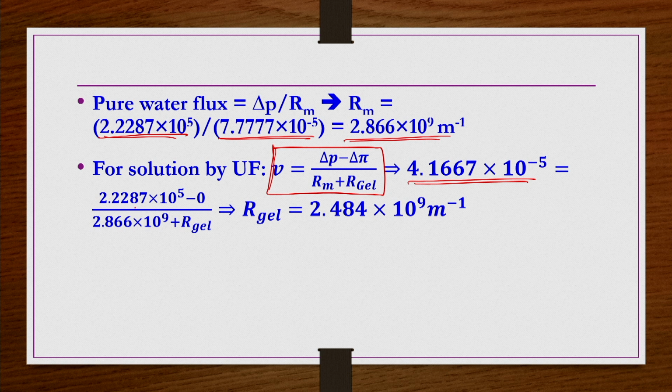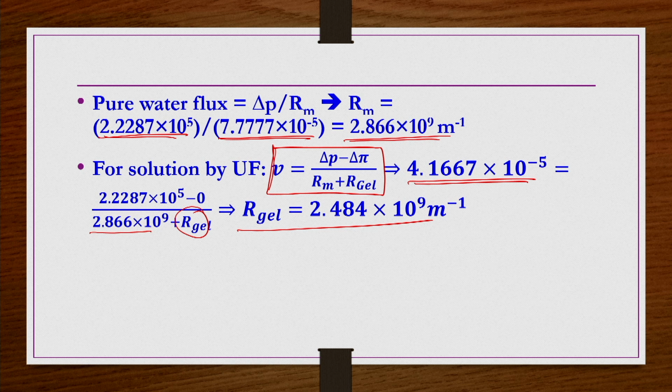Now, delta P is 2.1 atmosphere, in Pascals it is 2.2287 into 10 power 5 Pascals, minus delta pi, we can take it as 0 because the solute concentration is not given. So, we assume that the solute concentration is very small, then we can take it as 0. Rm is also known, so from here R gel we can find out. R gel is equal to 2.484 into 10 power 9 meter inverse.